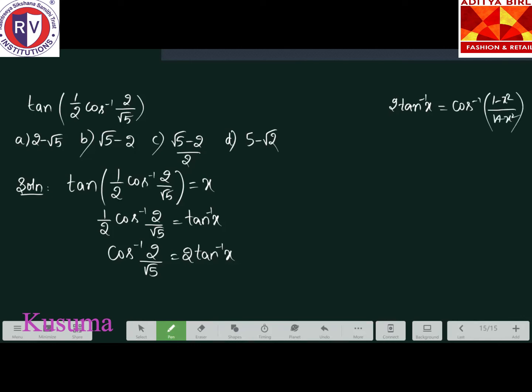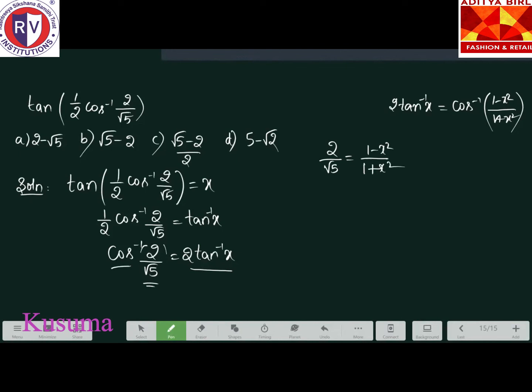So what is the value of 2 tan inverse x? It is cos inverse of 1 minus x square divided by 1 plus x square. See here, there is 2 tan inverse x, so here it is cos inverse of some term. What should this term be? It should be equal to 1 minus x square divided by 1 plus x square, right? So 2 by root 5 will be equal to 1 minus x square divided by 1 plus x square.